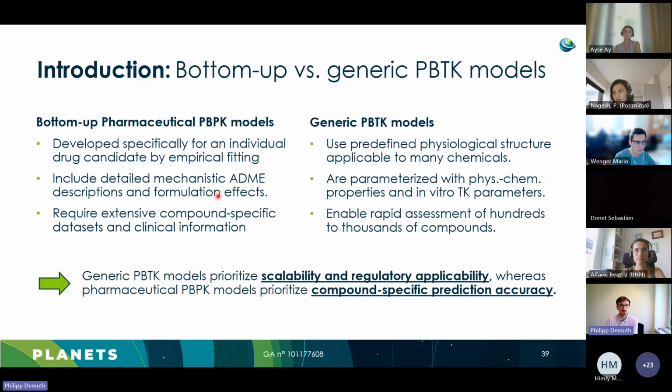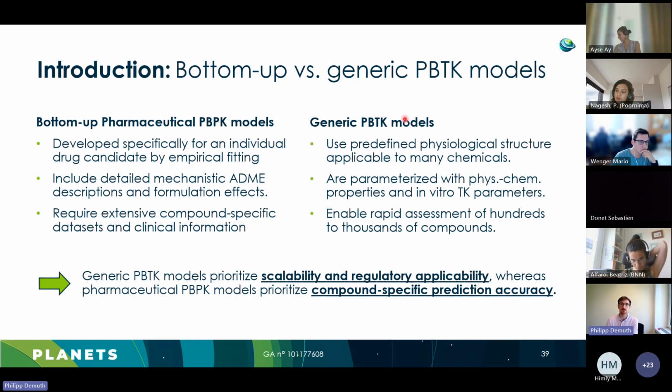You have a lot of information about the in vivo ADME parameters of the compound, and also the in vivo toxicokinetics. And therefore, you can really fine-tune your model dependent on the actual data. In toxicology, we normally use generic PBPK models.